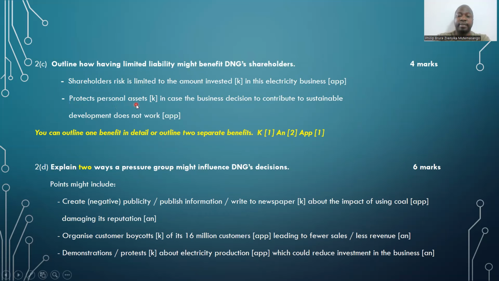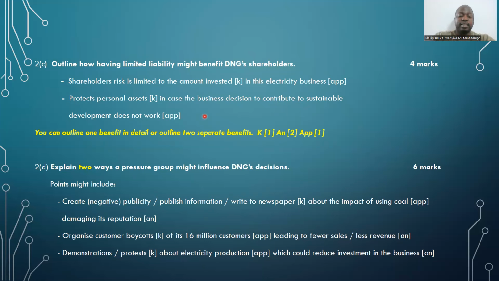That is also a fact, in case the business decision to contribute to sustainable development does not work, and that is an application. So fact, application, then you get your 4 marks. And remember, you don't need to simply analyze in such a case, but you need to apply your answer to the scenario for you to get the 2nd mark.